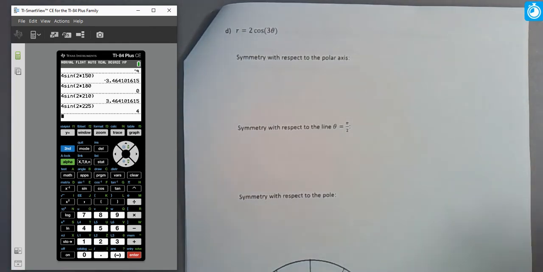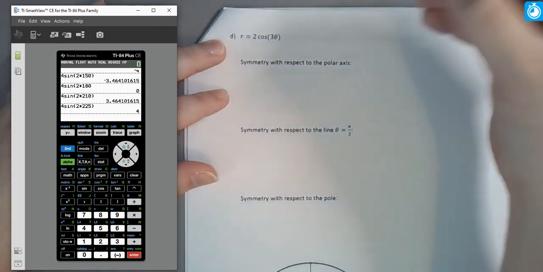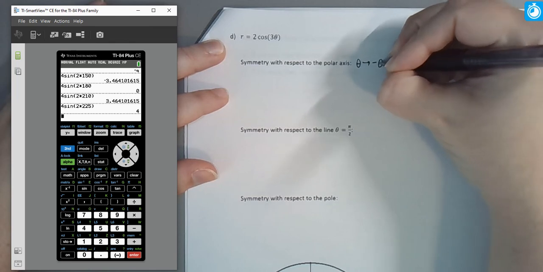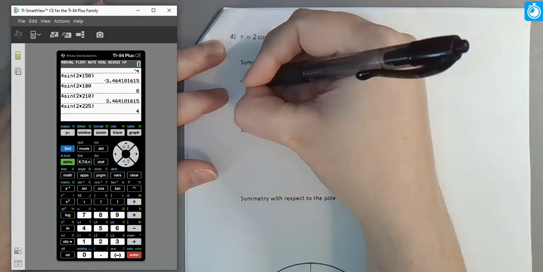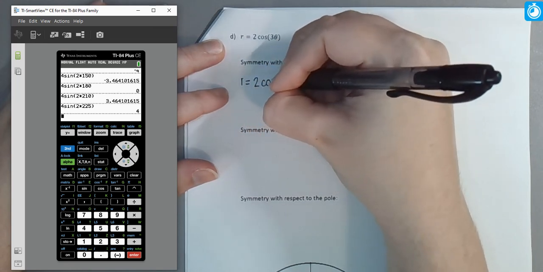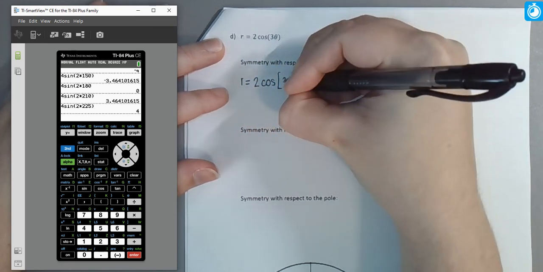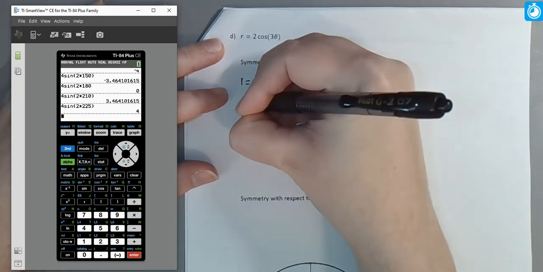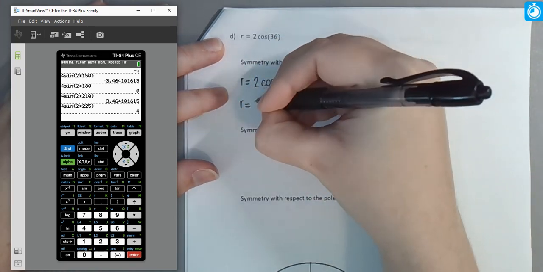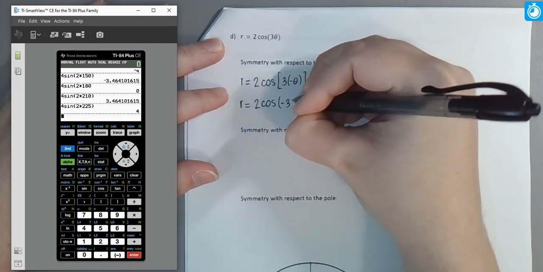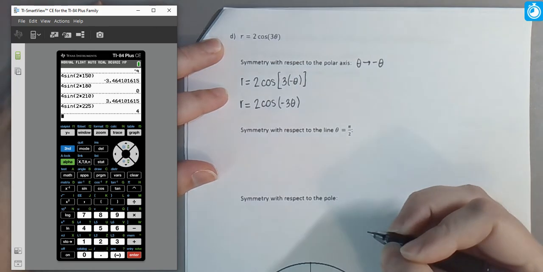So let's check this one for symmetry. So with respect to the polar axis, theta we're going to replace with negative theta. So we have r is equal to 2 times the cosine of 3 times negative theta. So that's the same thing as r is equal to 2 times the cosine of negative 3 theta.